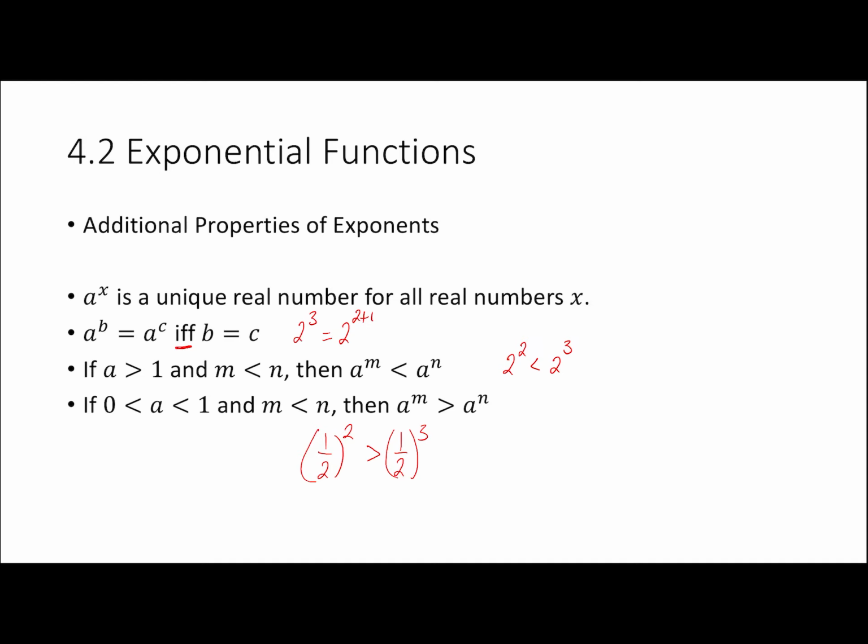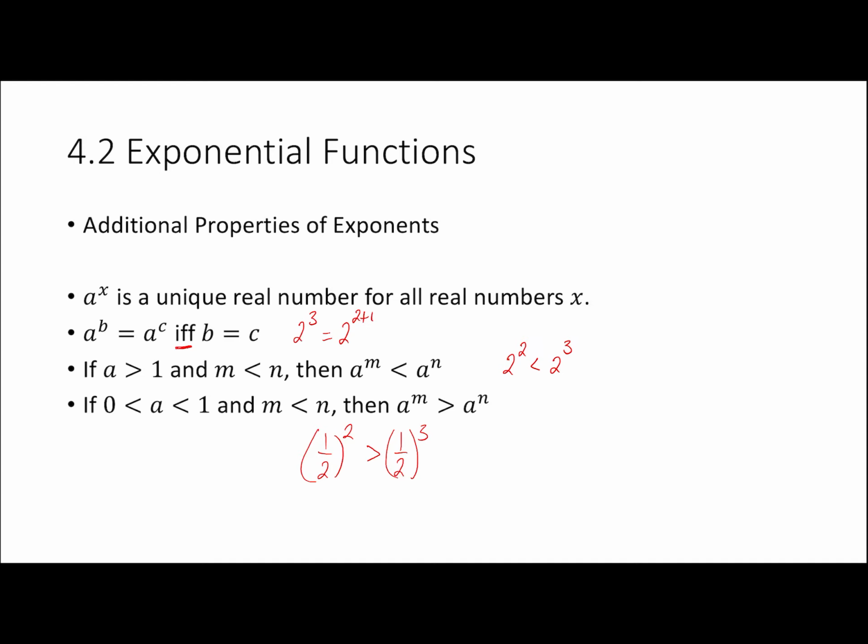I hope you know that when you multiply fractions that are between 0 and 1, every time you multiply them, they get smaller. So 1/2 times 1/2 is a fourth. 1/2 times 1/2 times 1/2 is an eighth. Obviously, we know that an eighth is smaller than a fourth. The reason is that half of a half is a fourth, and when you do half of a half of a half, it's getting smaller, in this case down to an eighth.